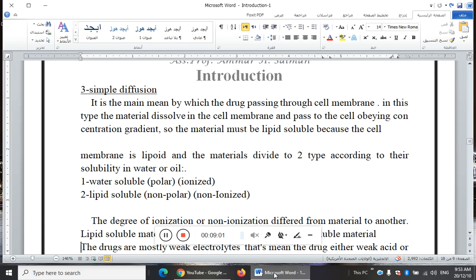We said before that the cell membrane is of lipoid nature. Mainly the constituents of the cell membrane are lipids. So when a material is required to dissolve in the cell membrane, it must be lipid soluble.